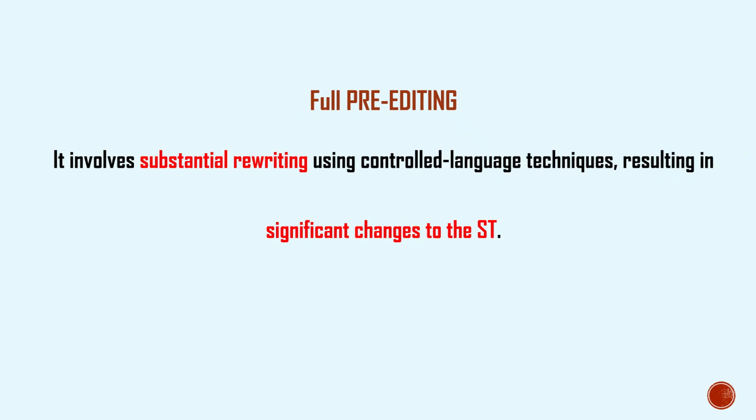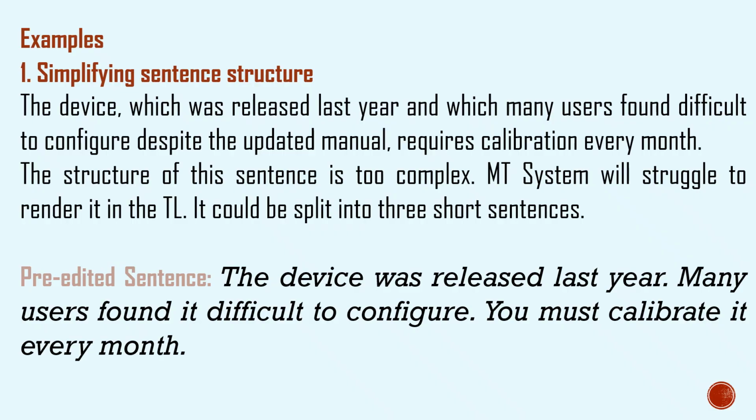Full pre-editing, by contrast, involves substantial rewriting using controlled language techniques, which results in significant changes to the source text. In order to pre-edit or prepare a source text for machine translation, professional translators use several strategies. The first one is simplifying complex sentence structure.